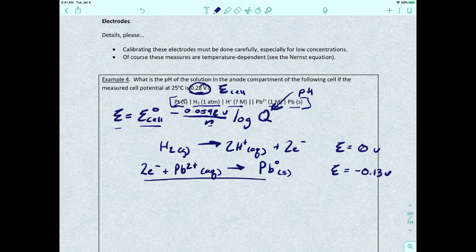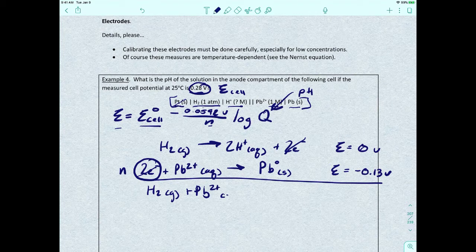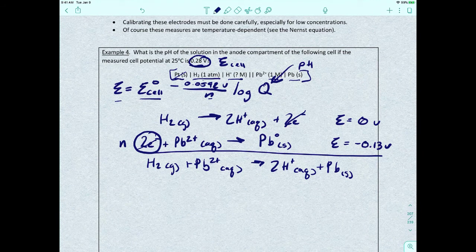So if you add these two together, the electrons drop out, but remember that this is going to be your n value right here. All right, so you got H2 gas plus Pb2+ ion yields 2 hydrogen ions plus lead solid. Okay, and that is going to give you the cell potential at standard state, which should be negative 0.13 volts.